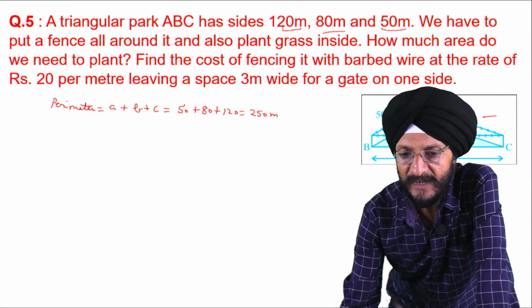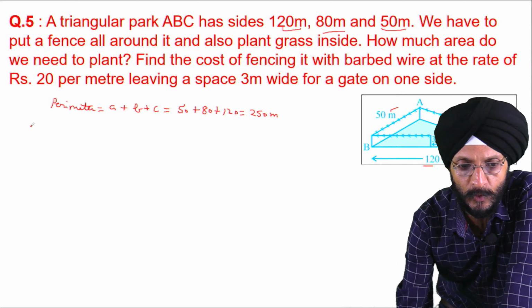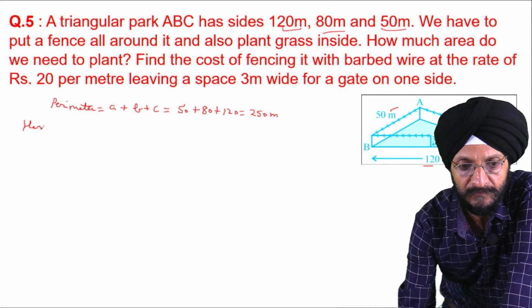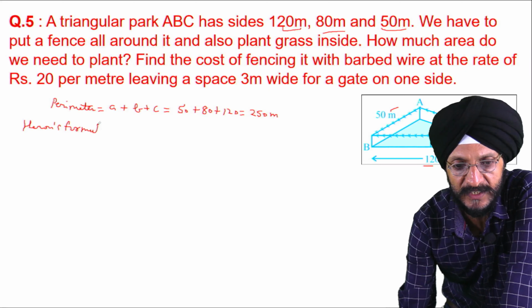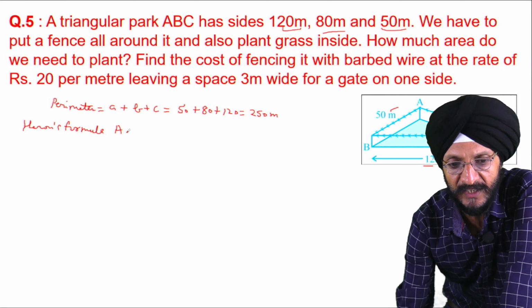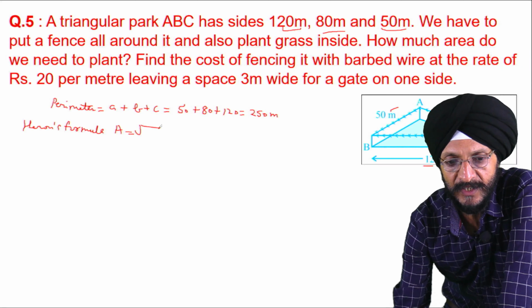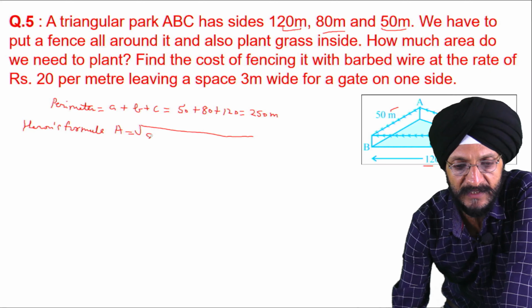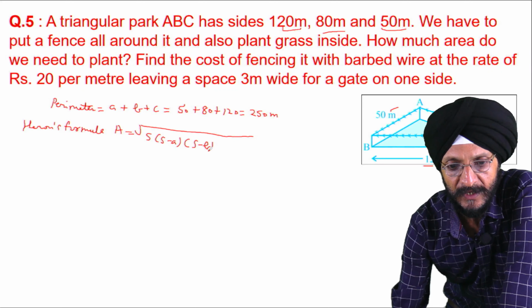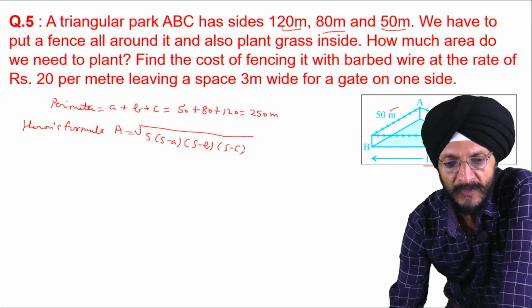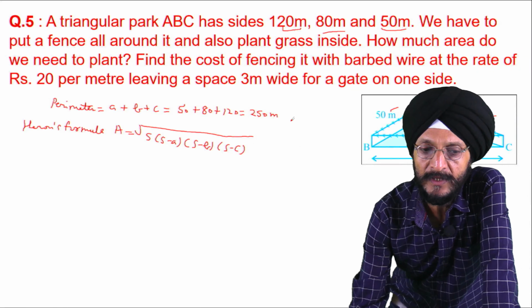Now to arrive at the area of the triangle, we will use Heron's formula. What does Heron's formula say? Heron's formula says that the area of a triangle is equal to under root s into s minus a into s minus b into s minus c. What is the value of s?